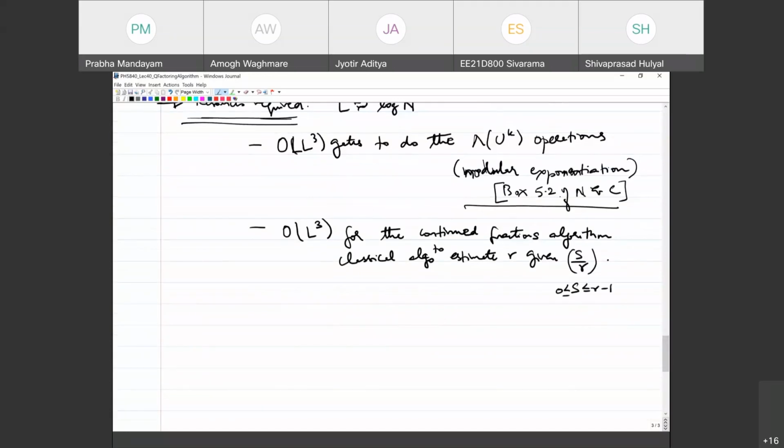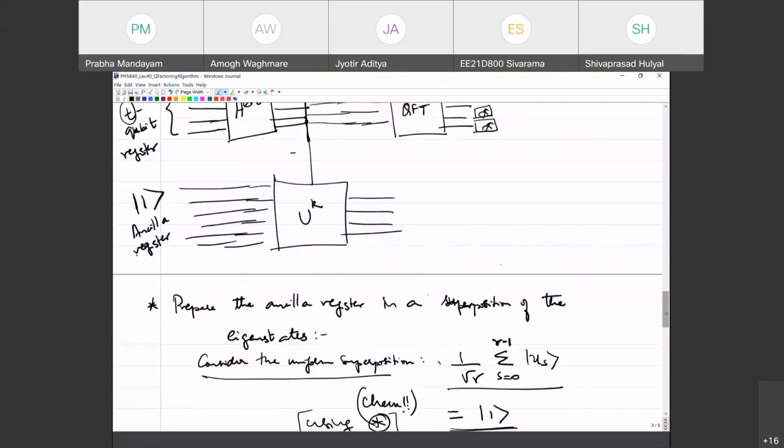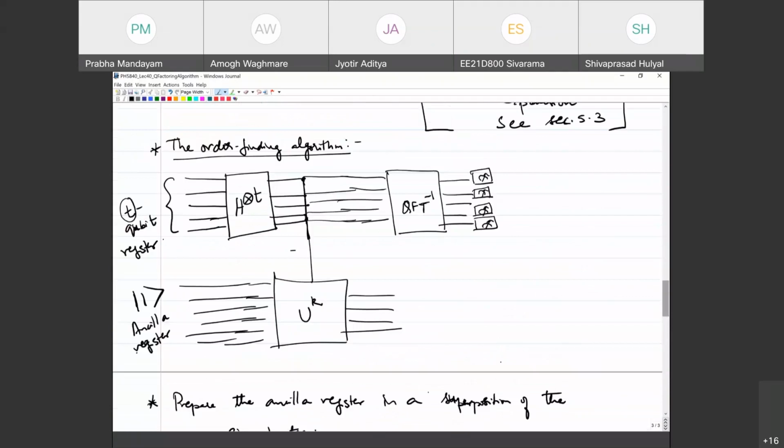Well, the 0 obviously is not going to give you any information, but 1 to R minus 1. So what else do we need? We need to prepare this ancilla state. We need the T qubit register, but T is determined by the accuracy with which you want to do the estimation. And then you have these T Hadamard gates. So that's pretty much it.